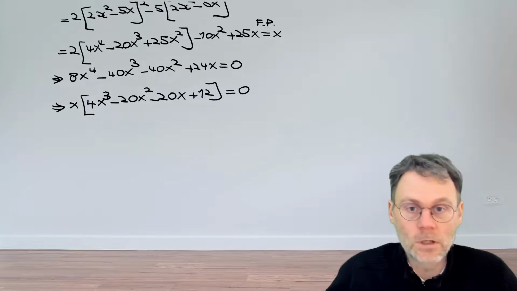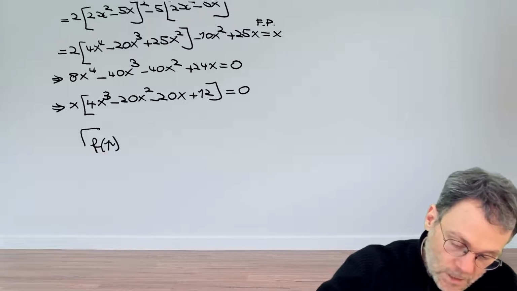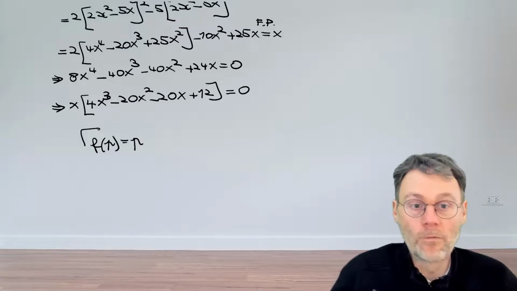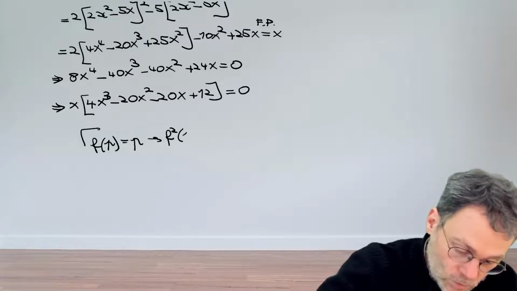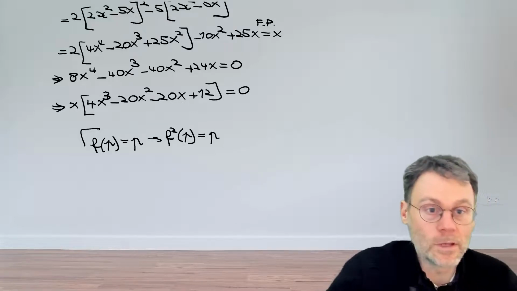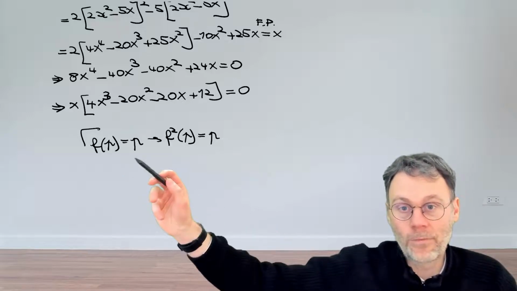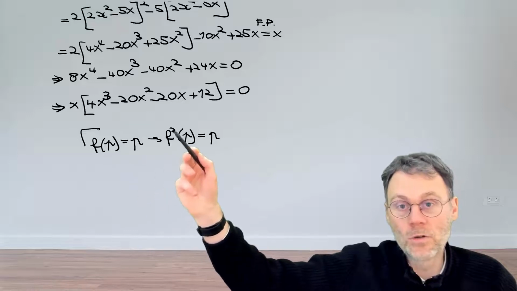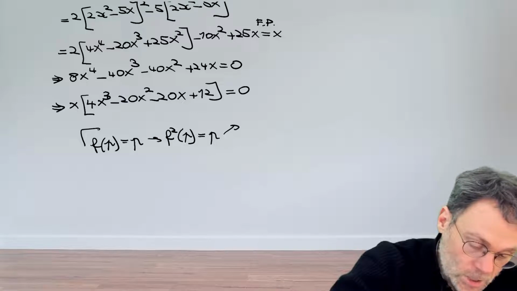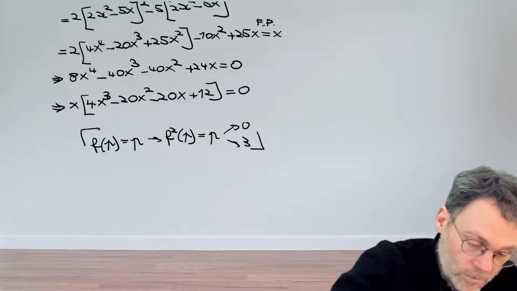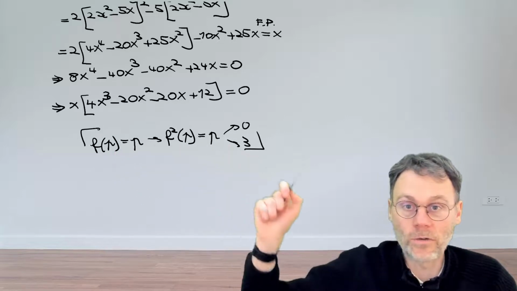If we know the fixed points of the map itself, if we know that f of p is equal to p, then obviously if we apply the map another time, it will also be the case that f squared of p is equal to p. That tells us that the fixed points of the original map will also be solutions to the equation we're trying to solve. So the solutions 0 and 3 should also give a 0 of that equation.